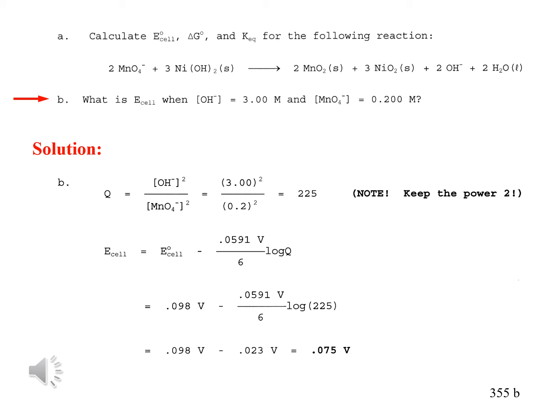So if you start with a battery at 9.8, by the time it gets down to 7.5 volts, that battery is dead, because even though it's got some power left in it, it's not going to work the device that you put it in. As soon as the voltage goes below what the device needs, we call the battery dead and throw it out. So it's really the decrease in voltage that causes batteries to die.